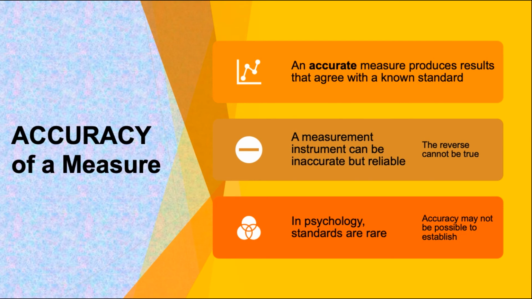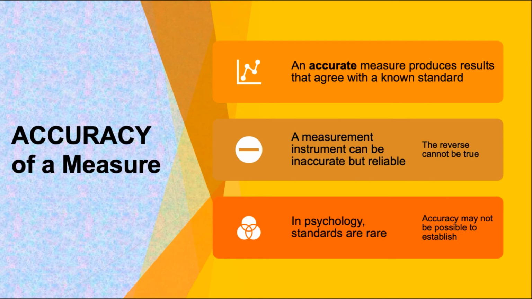So determining accuracy is hampered by lack of precision. Your measurement may not agree with a known standard each time that you make it. However, the measurement may still be accurate in the sense that the value observed agrees with the standard on average.